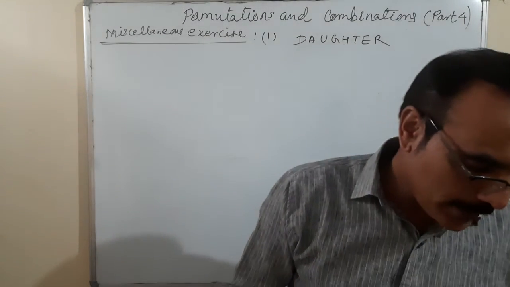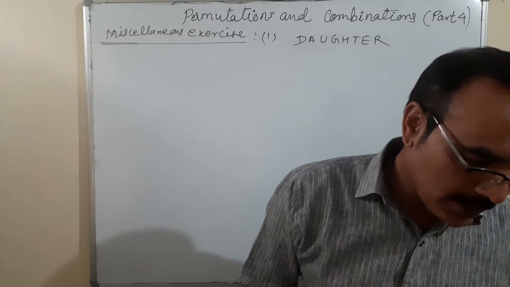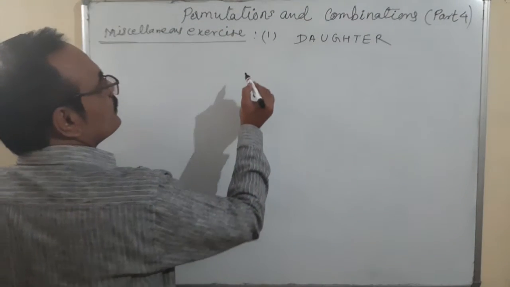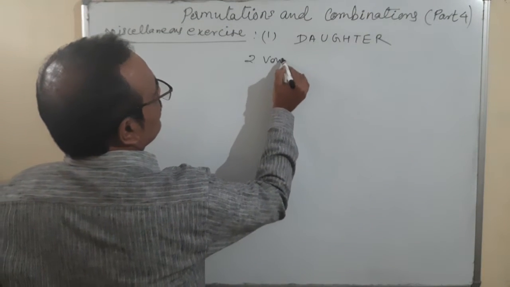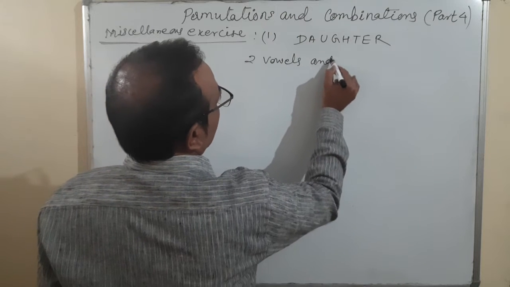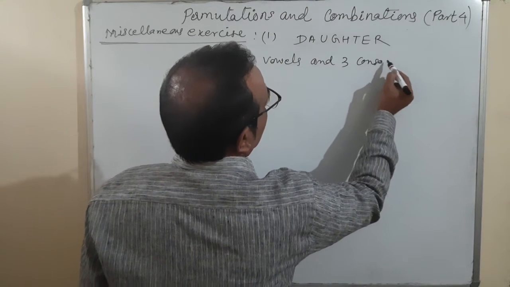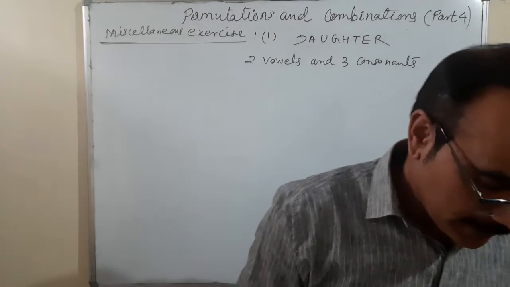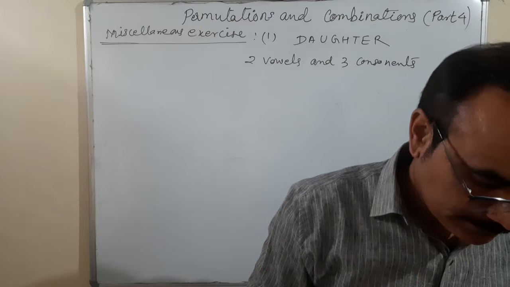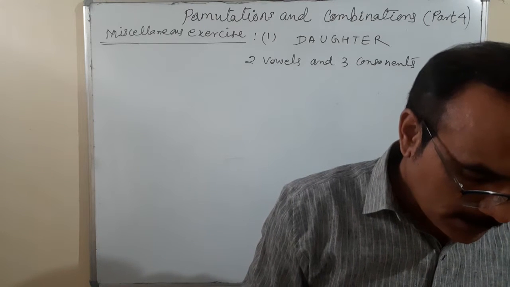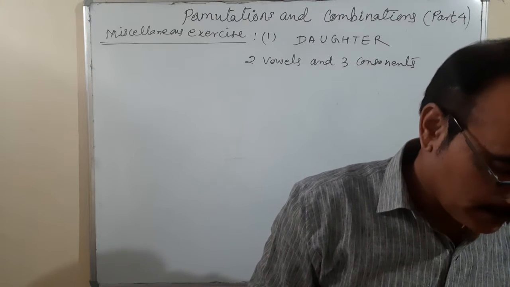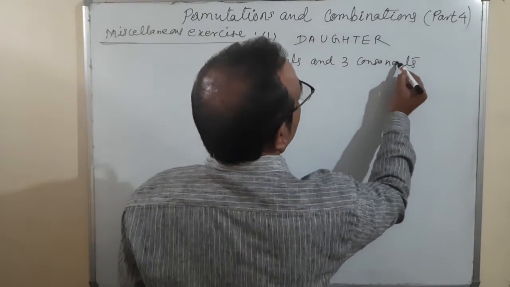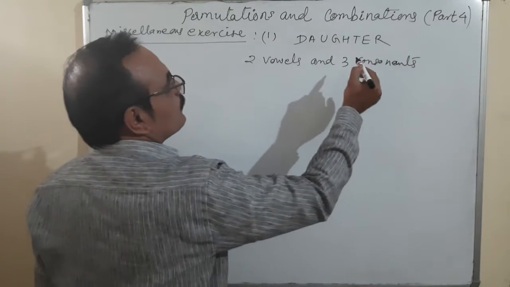And the question is how many words with or without meaning, each of two vowels and three consonants, can be formed.